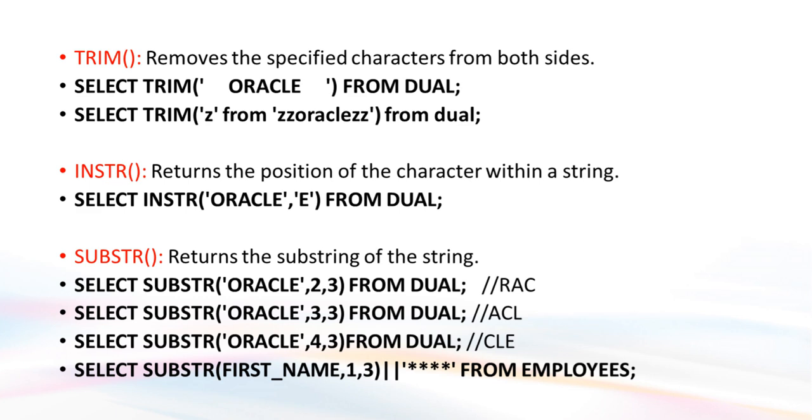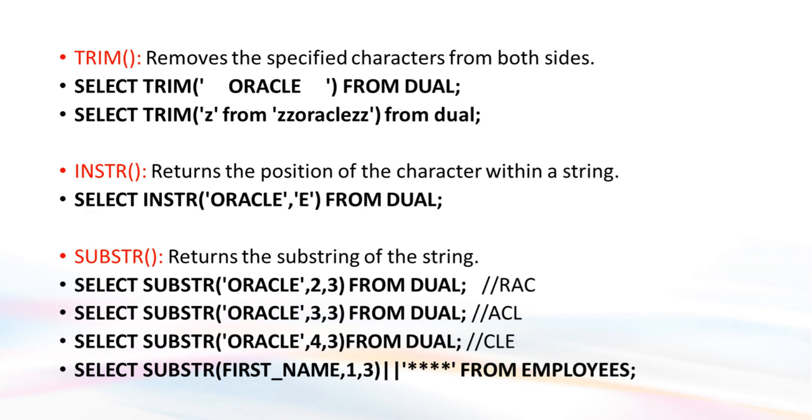So these are the two different flavors of the TRIM function. The first one removes the spaces, right side as well as left side. In the other method, if we need to specify the character, we use the FROM keyword with the particular string, and it will remove that particular letter wherever it appears.